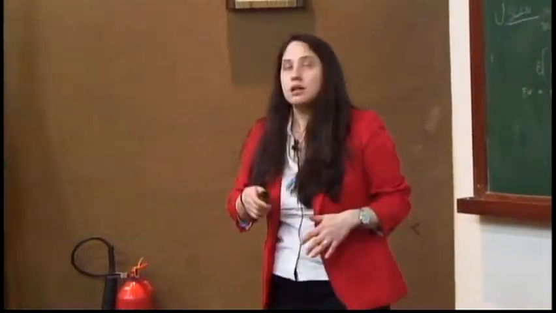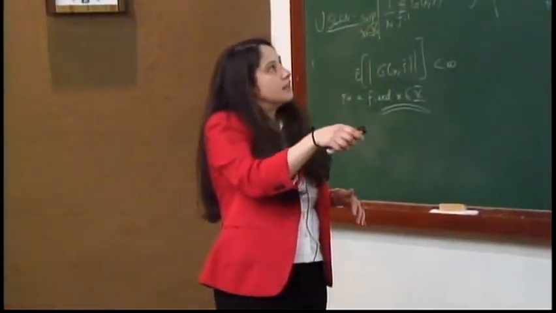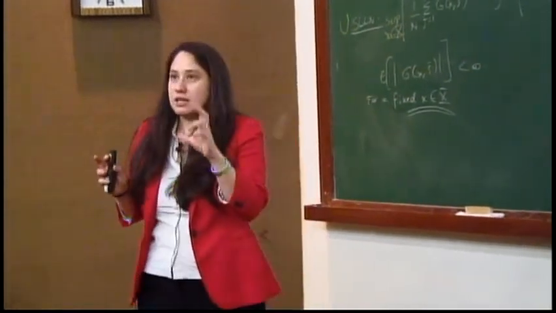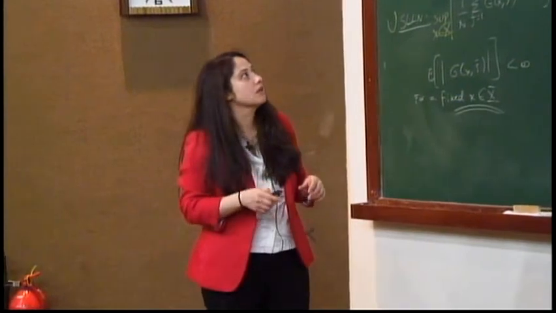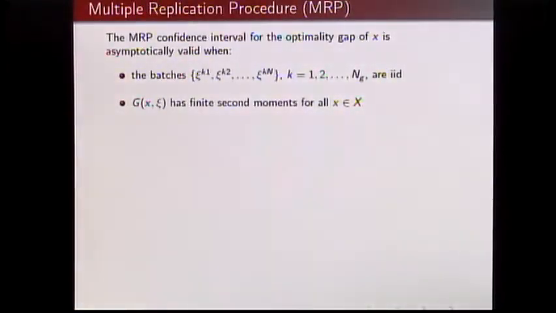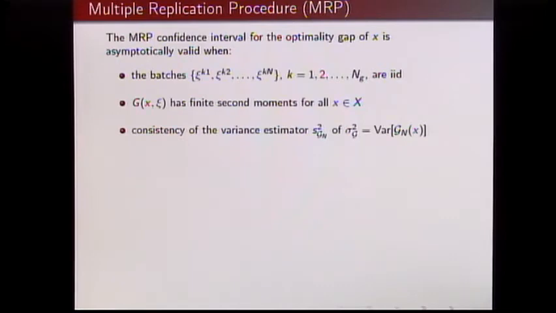As long as the batches are IID, I'm good to go because I can use the central limit theorem on the IID gap estimators. I must have finite second moments at least, because I have the variance, and then I need consistency of the variance estimator. Typically you might need a little bit more than that, but it's still fine.